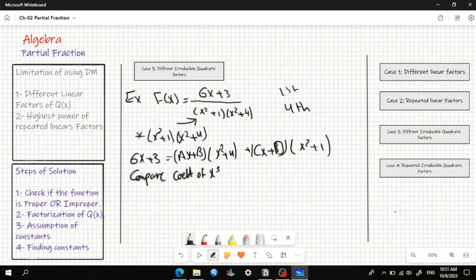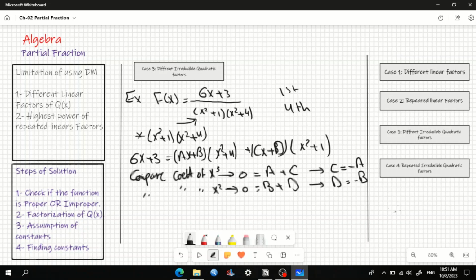In the left side 0 equal to a plus c, so c equal to negative a. Same thing for x squared: 0 equal to b plus d, so d will be equal to negative b.